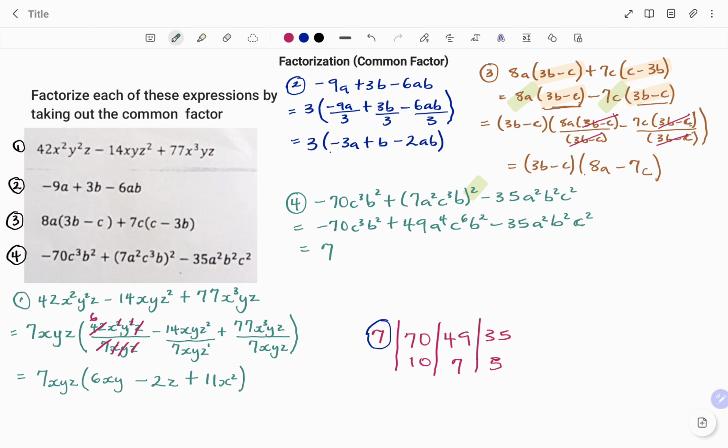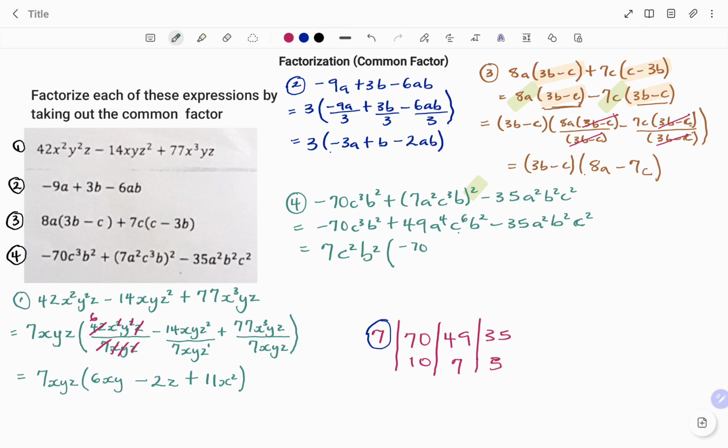I have c^3, c^6, and c^2. Remember, I'm going to take the variable that has the lowest exponent, so that's c^2. Then I go to my b. I have b^2 and b^2, so that will be b^2. If I go to my a, the first term, -70c^3b^2, doesn't have a, so that's not common.